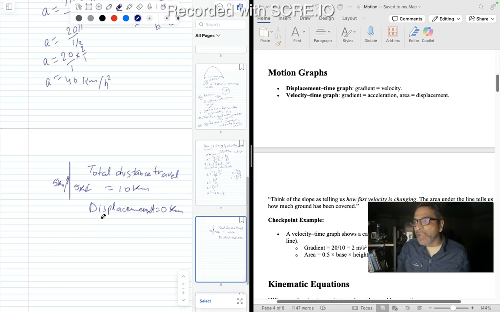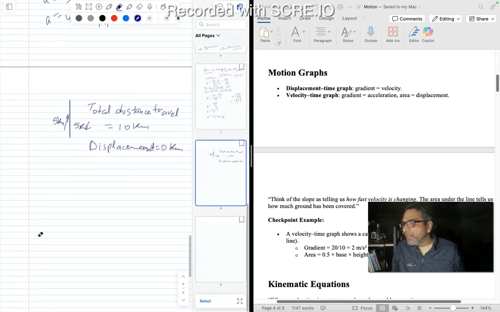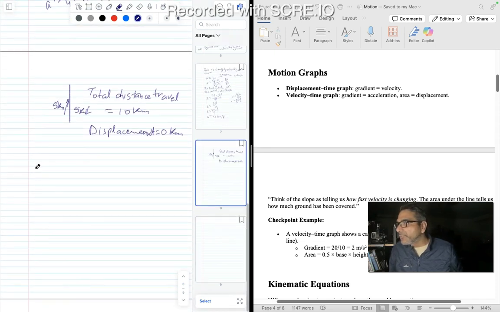There are two graphs that we are going to cover. One is the displacement and time graph, right? And the velocity and time graph. So there are two. And what is the significance of these graphs? So let's say, you know how to draw the graphs.